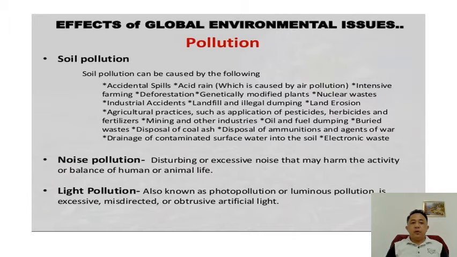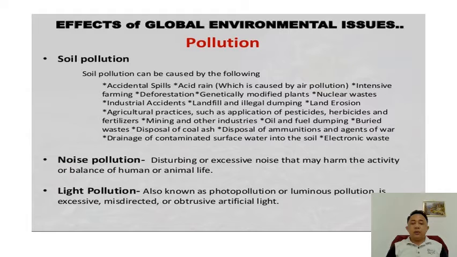Another cause of soil pollution is deforestation. Now, deforestation is the act of removal or destruction of forested areas. So the removal of trees or the cutting of trees is deforestation. Now, trees are very helpful in absorbing water as well as absorbing air pollution.